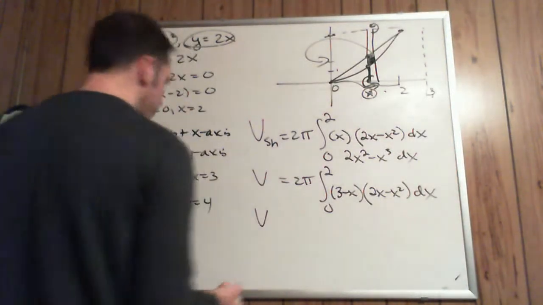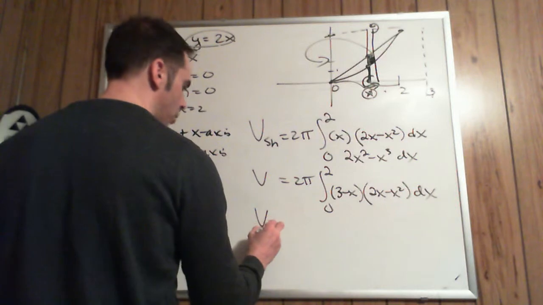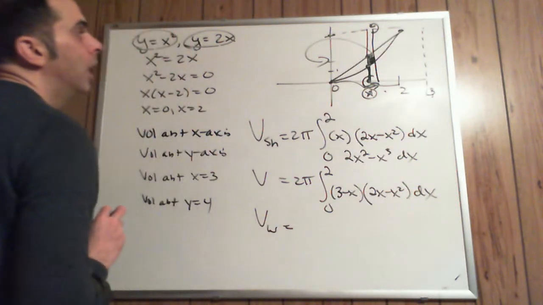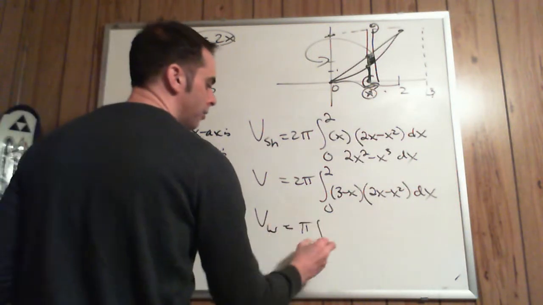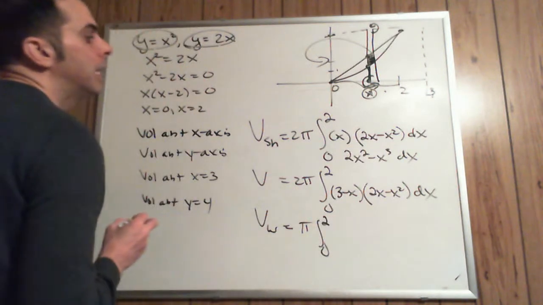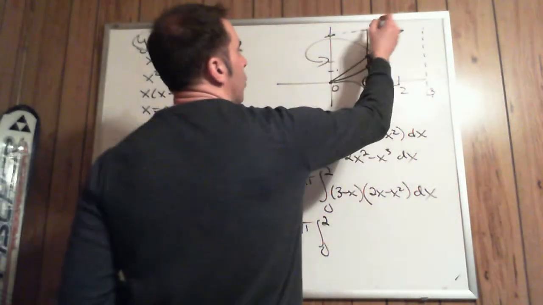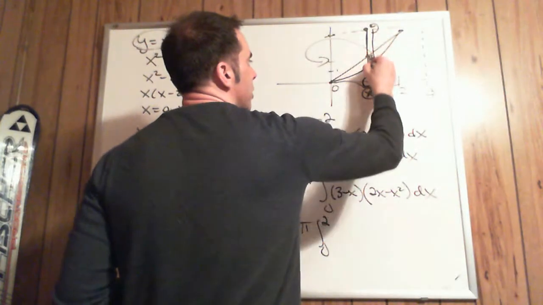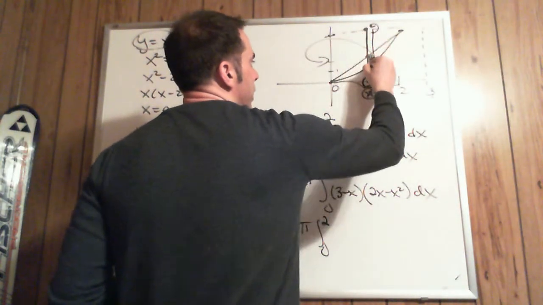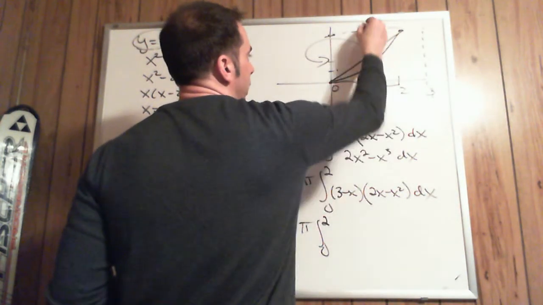So the volume here by washer would be then pi integral from 0 to 2. The height of the whole rectangle from here to here, the big radius squared, top minus bottom.